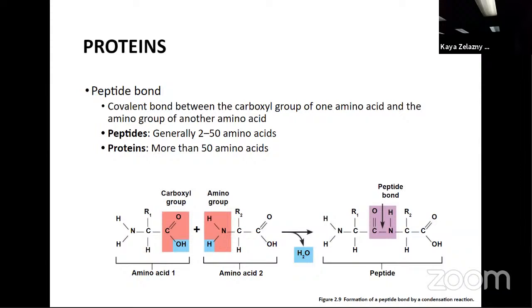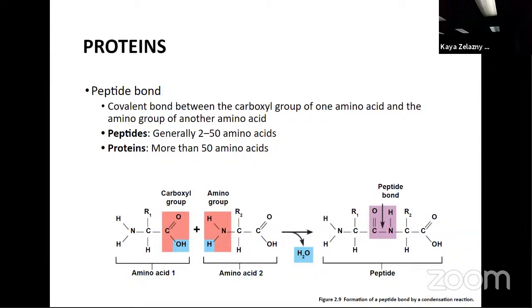When we're talking about a protein, we mean something big, potentially really big, more than 50 amino acids. And you don't have to memorize those numbers, just this idea that they're both chains of amino acids, but proteins are super big.